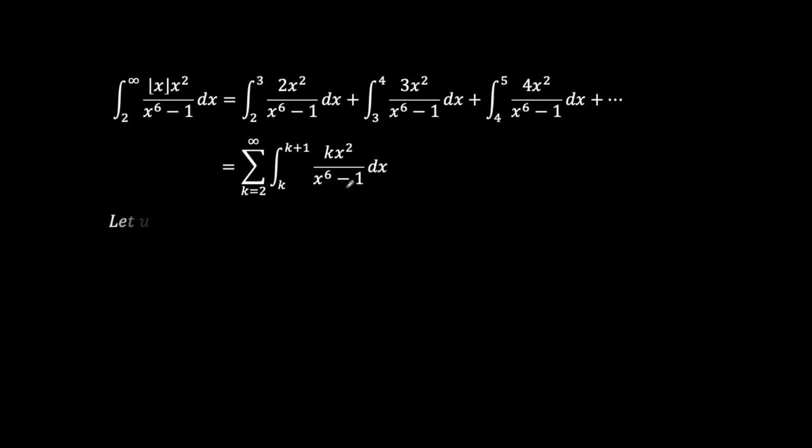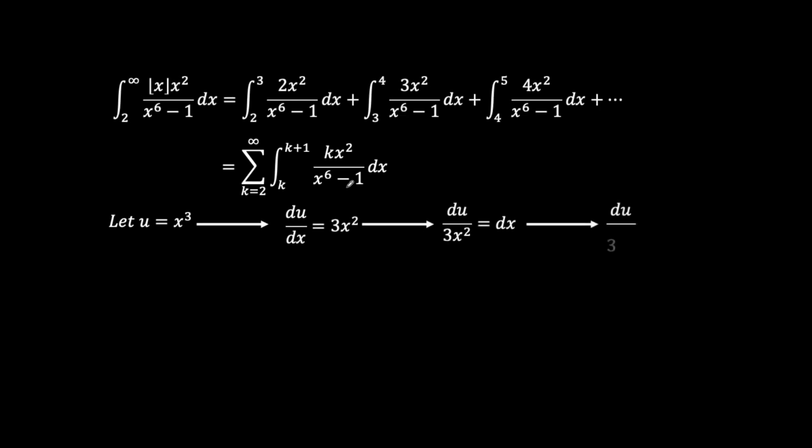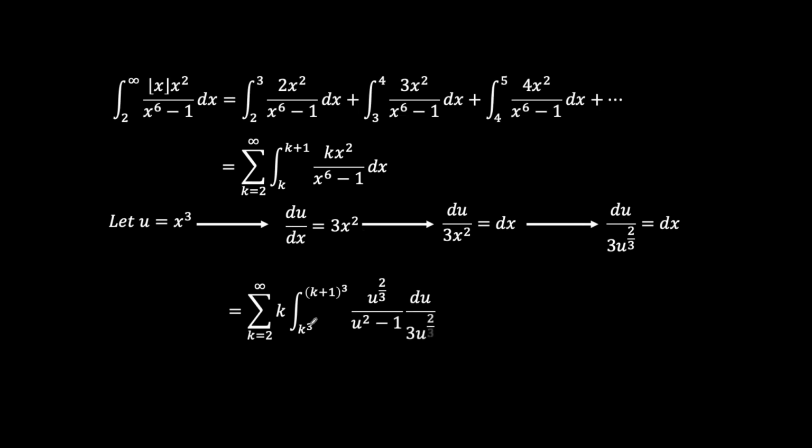Now, one thing we could do is let u be equal to x to the power 3, such that du/dx equals 3x squared. And so du over 3x squared is equal to dx. And so du over 3 times u to the power 2 over 3 is also equal to dx. And so by substituting for dx with u, we have now the summation from k equals 2 to infinity of k.